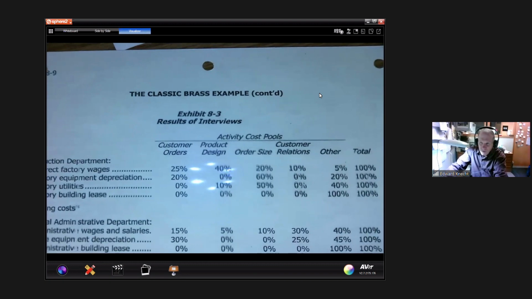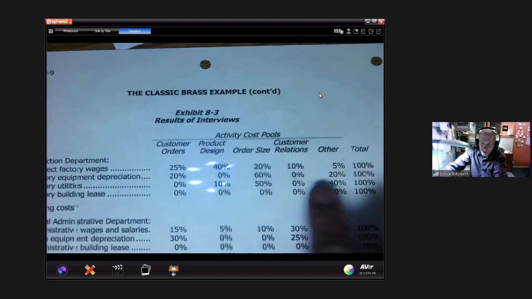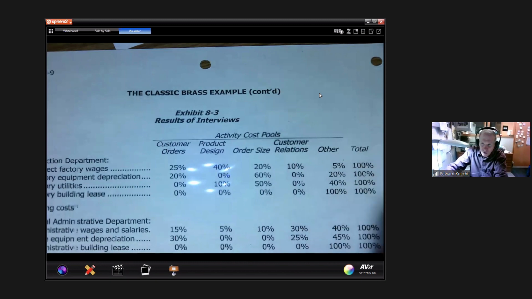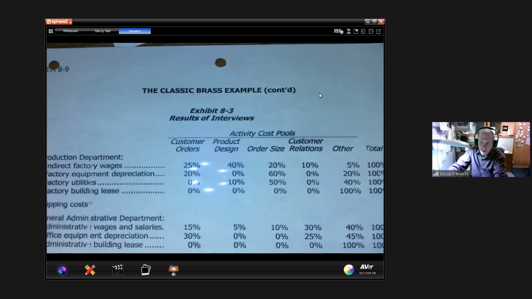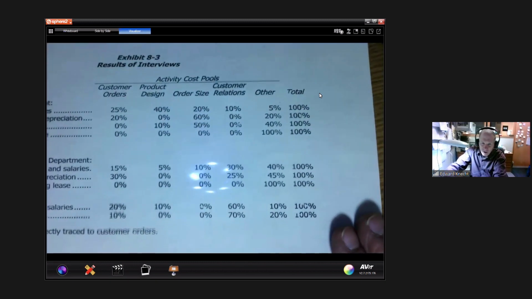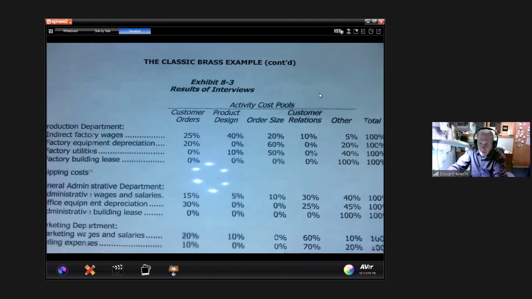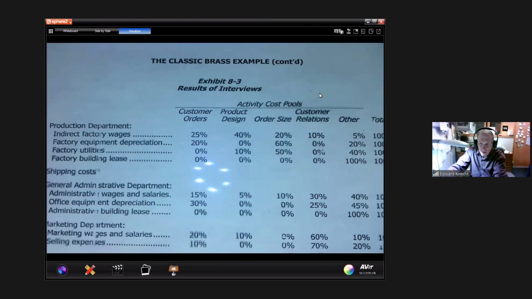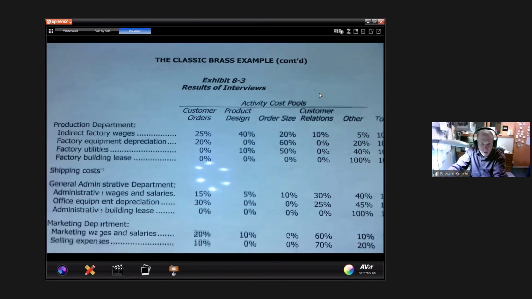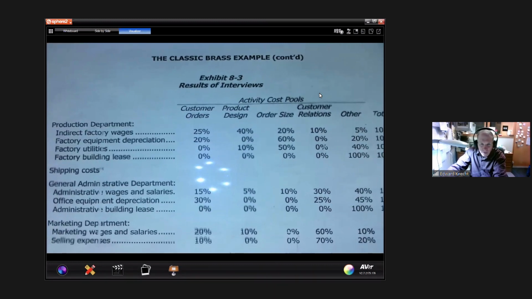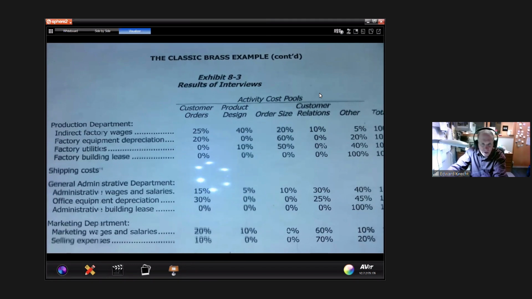So you just remember this total column is 100%. It's just adding all these percentages across. The best possible way here might be something like that. Is everybody good with that?